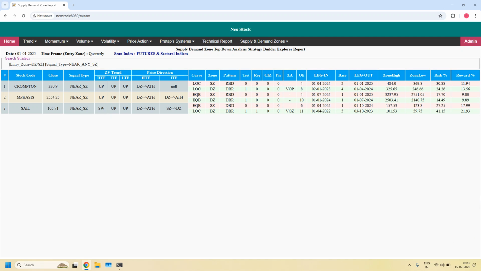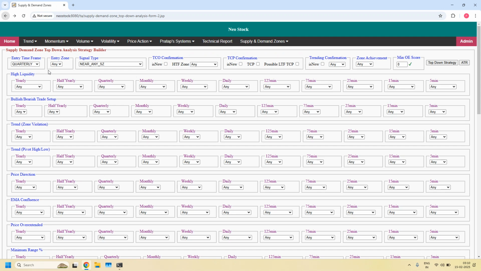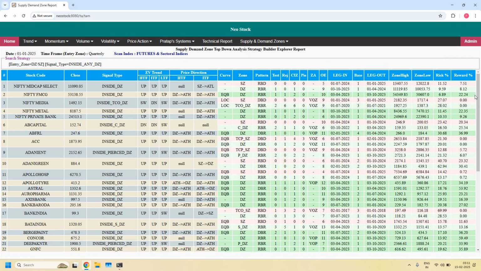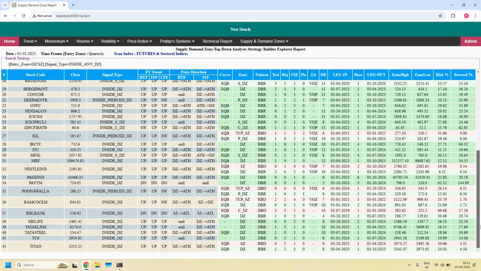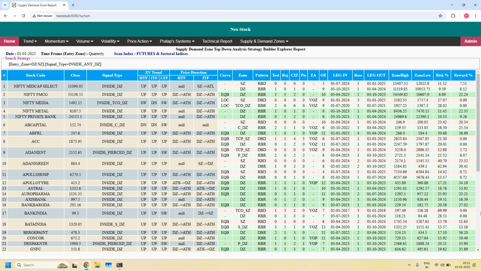We got 3 stocks. Next, for the quarterly time frame, price closed inside the quarterly demand zone. We got 42 stocks. So first 22 stocks in the list.